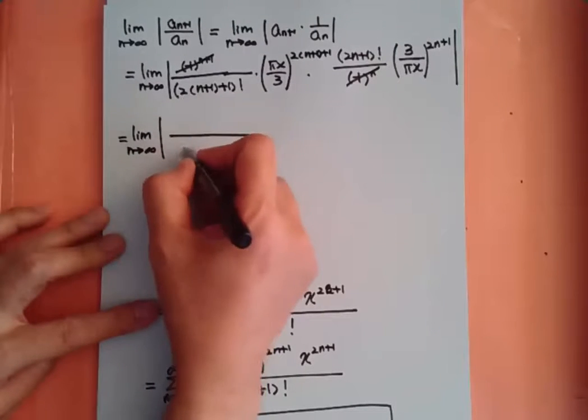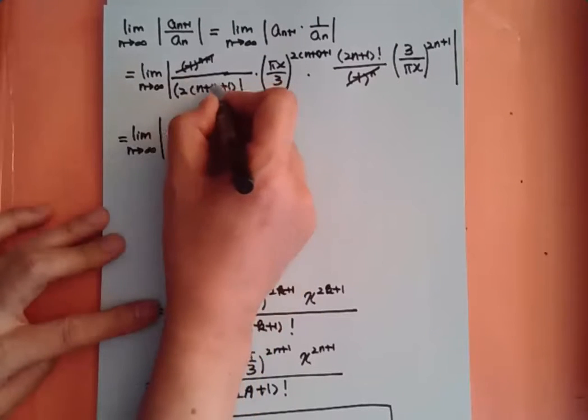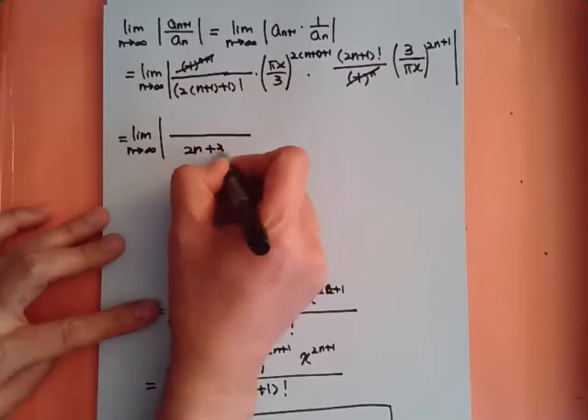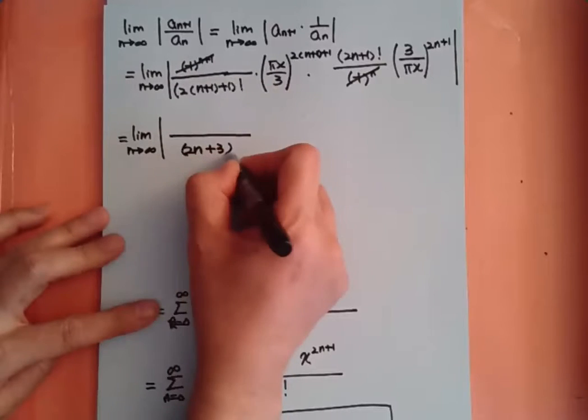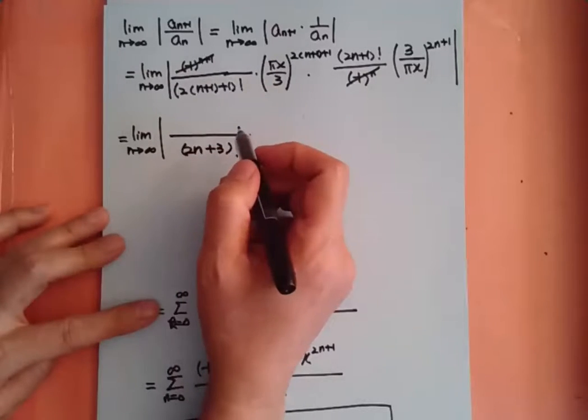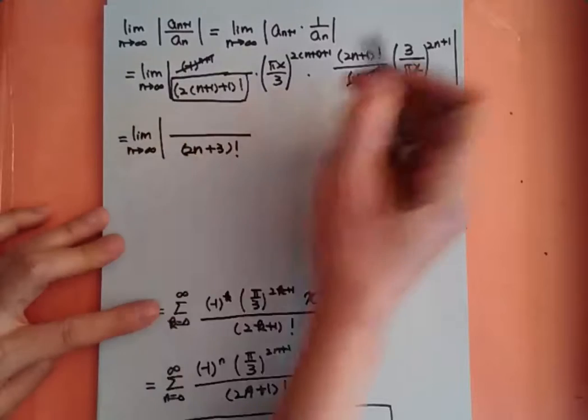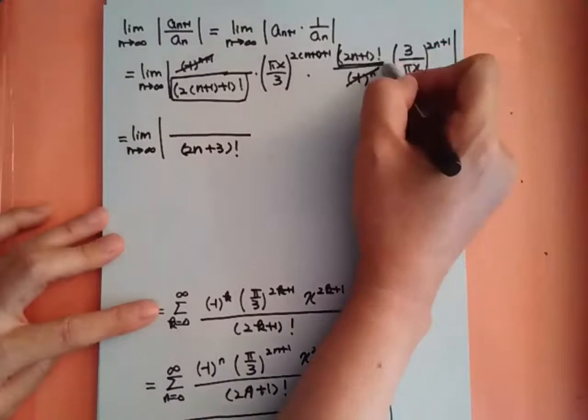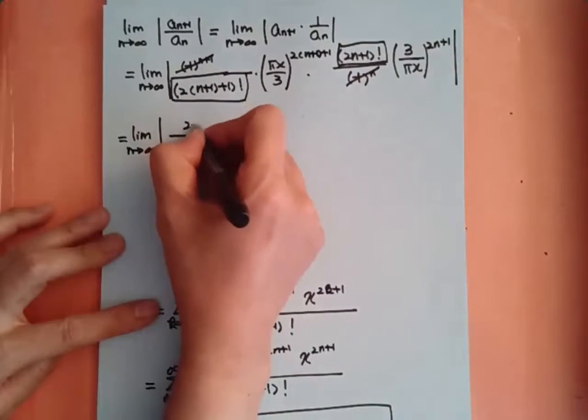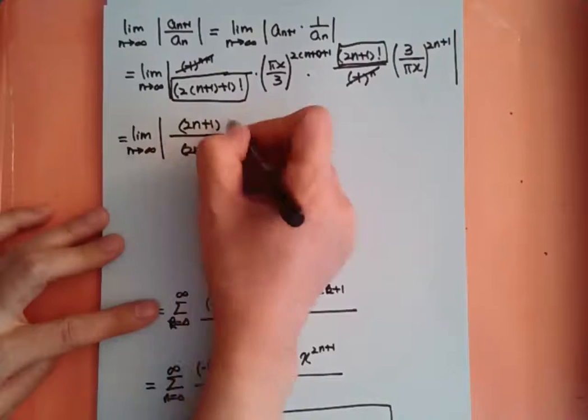This one is 2n plus 2 plus 1, which makes 3, factorial. Here is a factorial, here is another factorial: this is (2n+1)!.